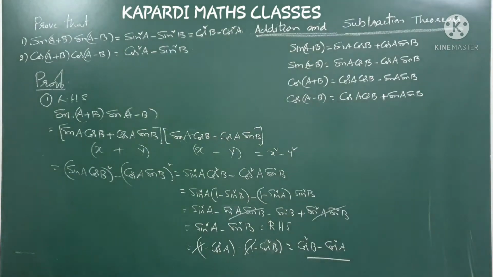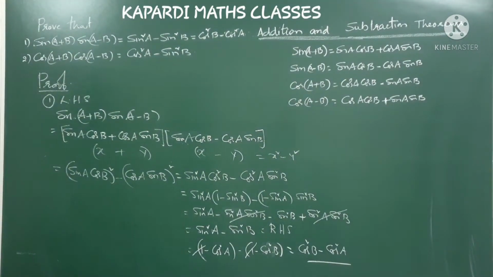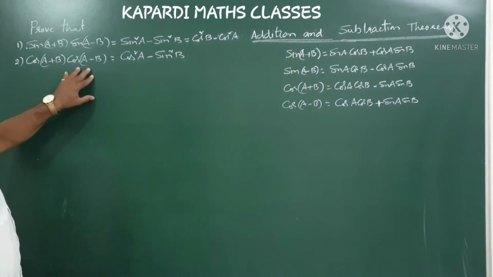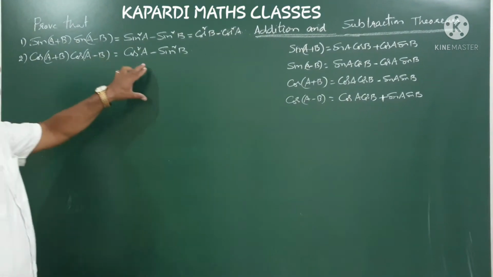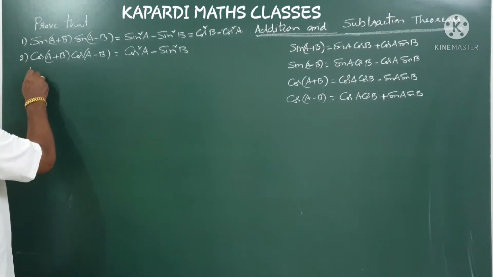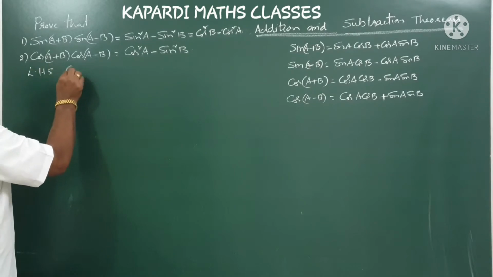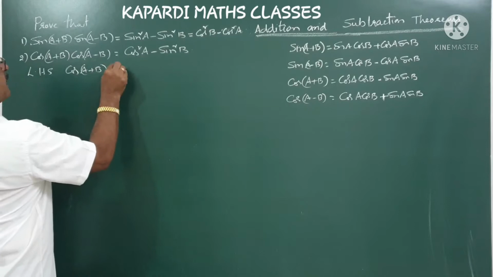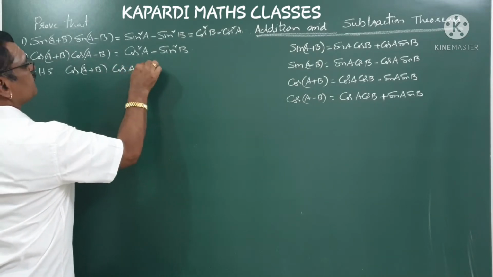Please take it. Cos of a plus b times cos of a minus b is equal to cos square a minus sin square b. Same, take the left hand side. Cos of a plus b times cos of a minus b.